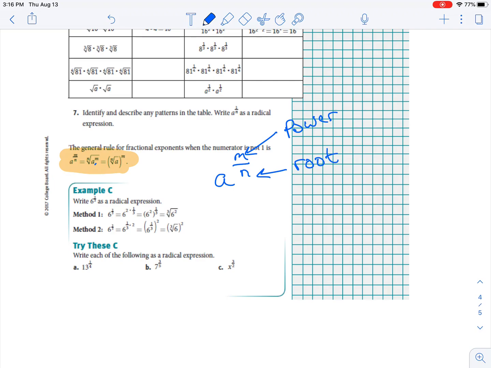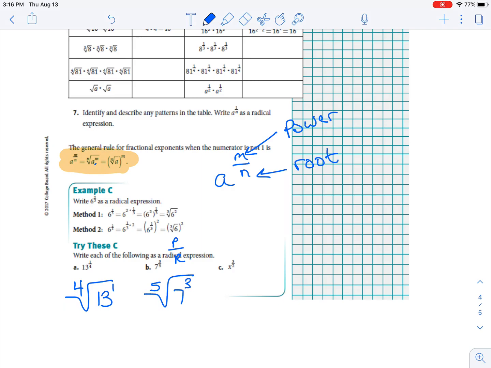So if we take a look at the try these, see 13 to the 1/4 power. So that means it's the first power of 13, but it's the 4th root. So that's just the 4th root of 13 to the first power, which is just the 4th root of 13. So again, it goes power on top, root on bottom. So you might want to remember P over R. So power is 3, so it's going to be the 5th root of 7 to the 3rd power.